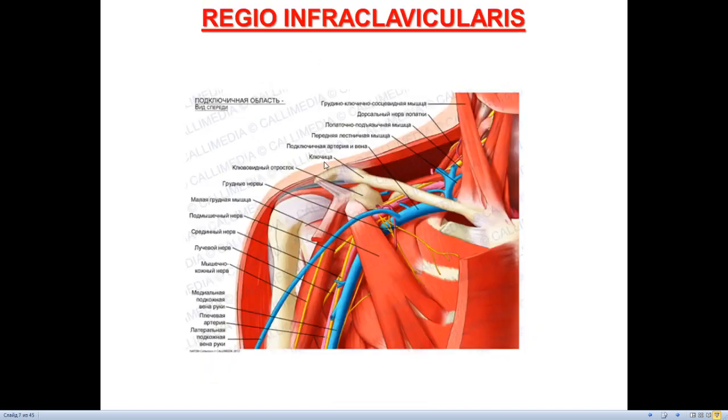Infraclavicular region, regio infraclavicularis.